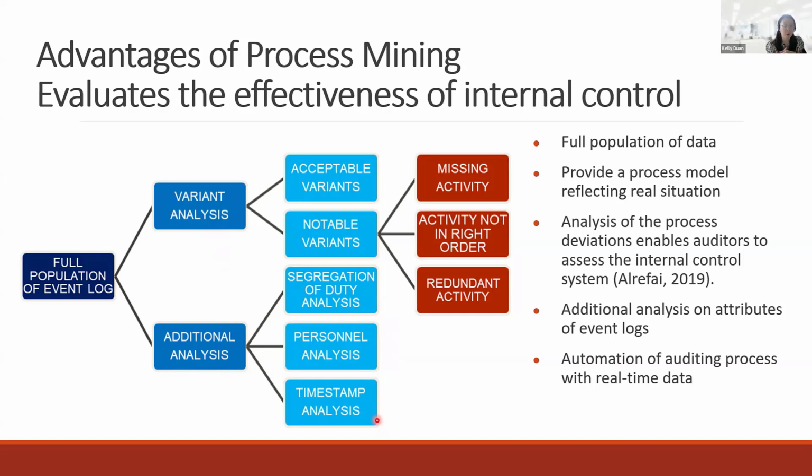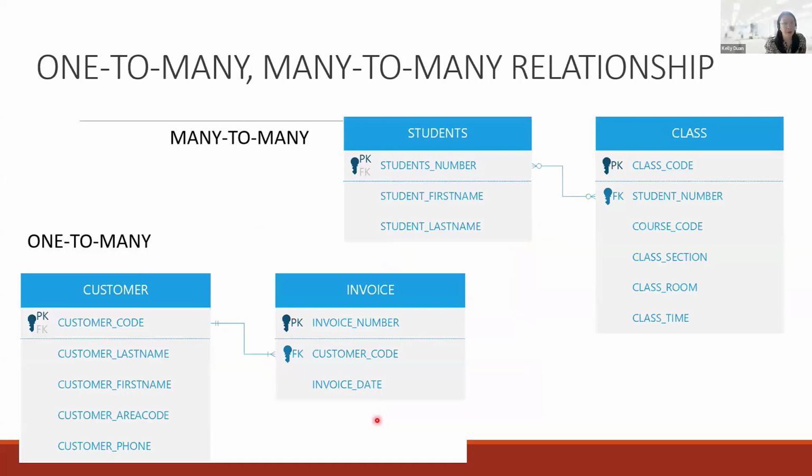Certain companies do not allow employees to conduct business during off business hours or over the weekend. So that timestamp information allows us to check whether there are transactions that violate business rules. As I mentioned, the event log is the starting point of process mining.